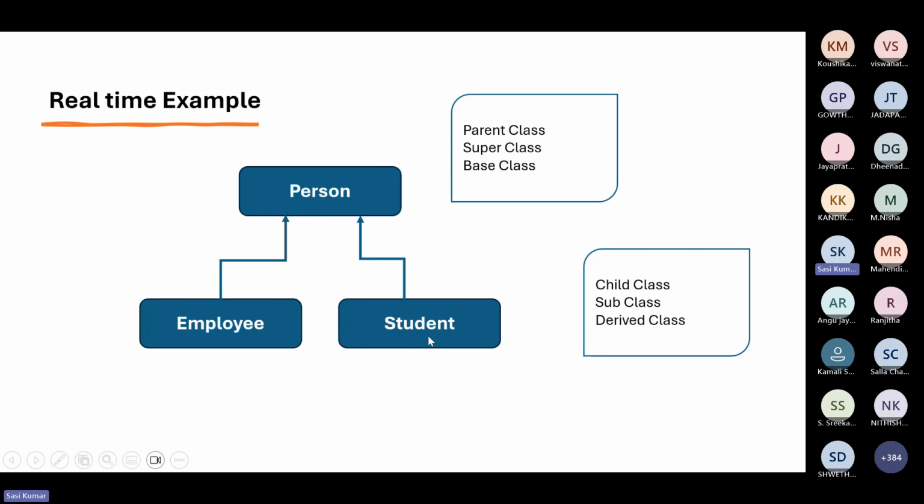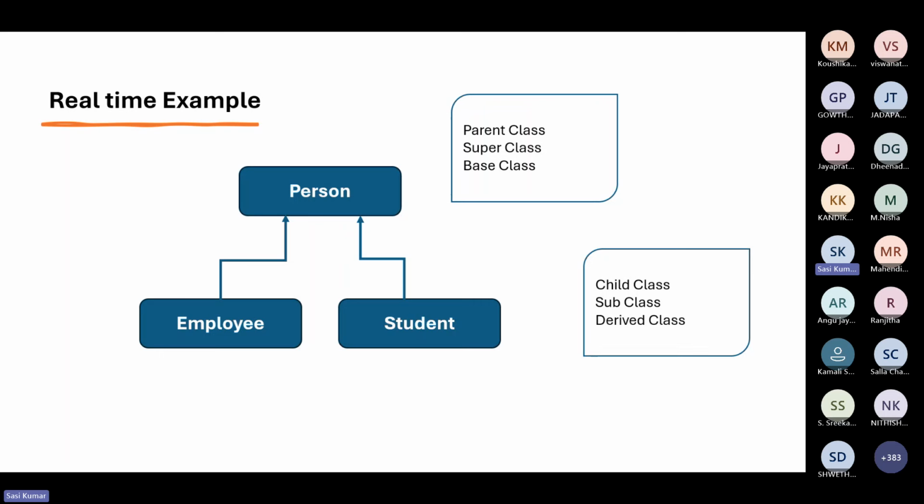Similarly, we have one more class called student class. Student class will also inherit all the properties from the person class, and the student class can have its own properties as well.